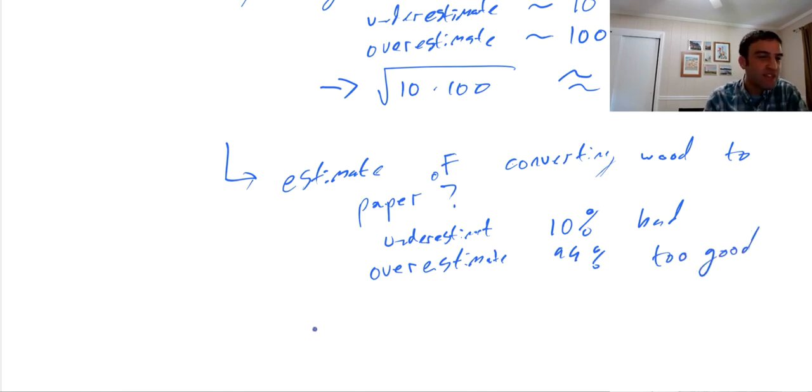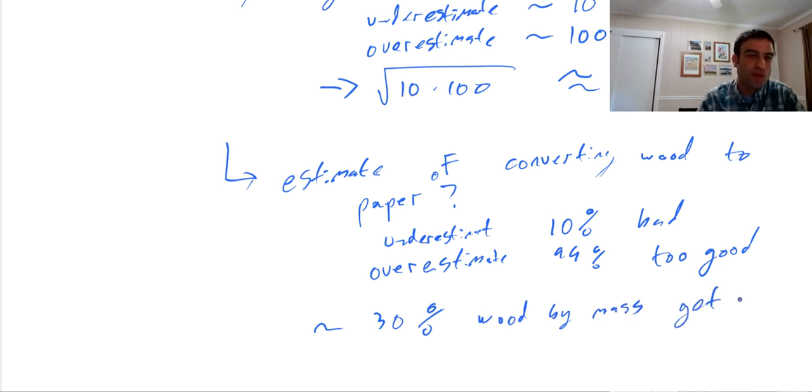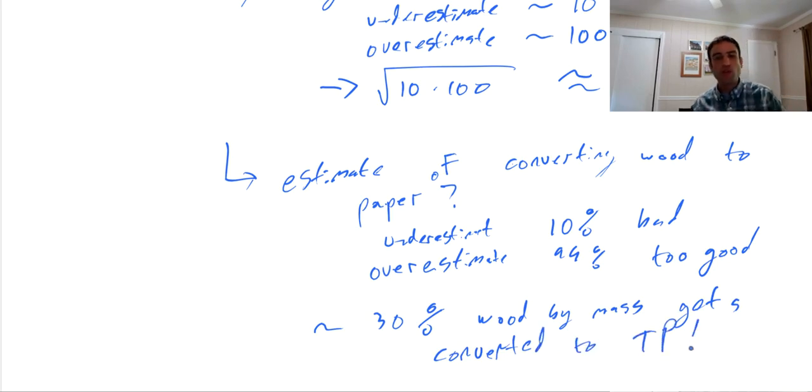So again, I'm just going to guess that about 30% of whatever wood you start with, let's say wood by mass, gets converted to toilet paper. Okay, so there you go.